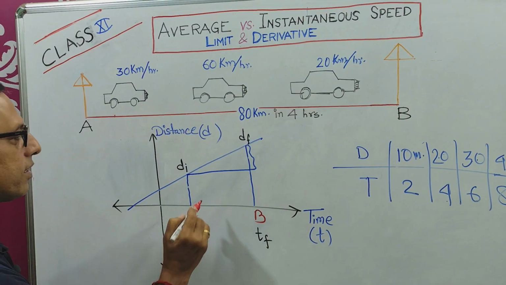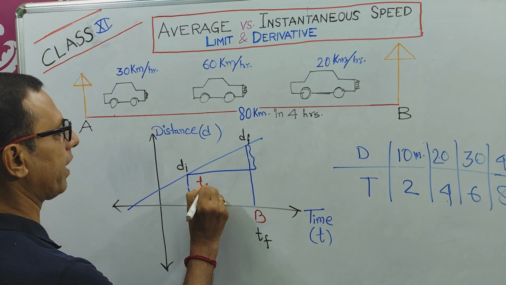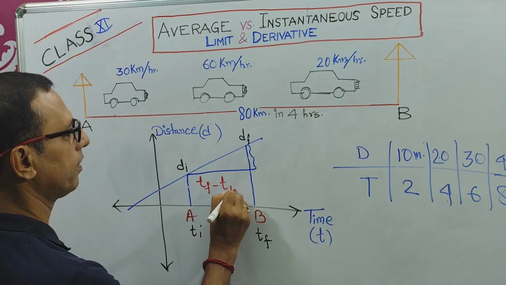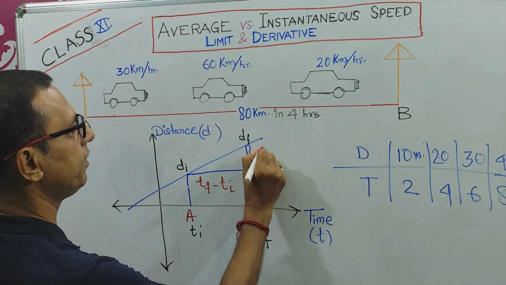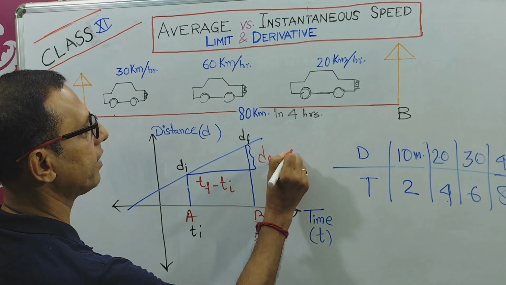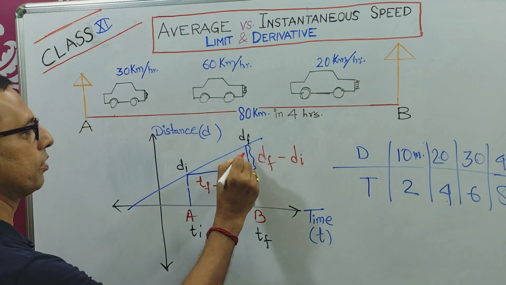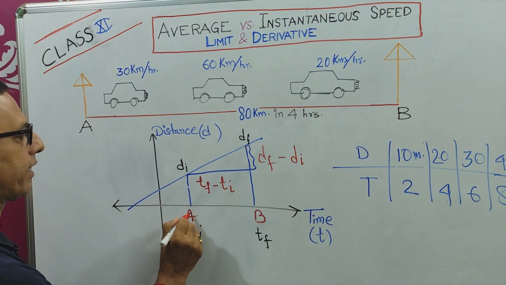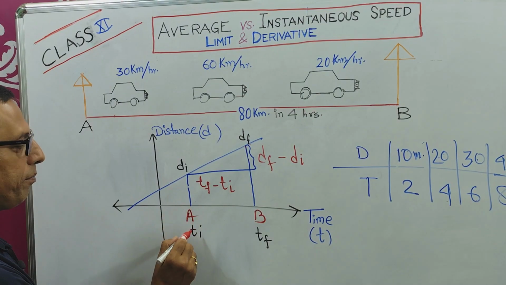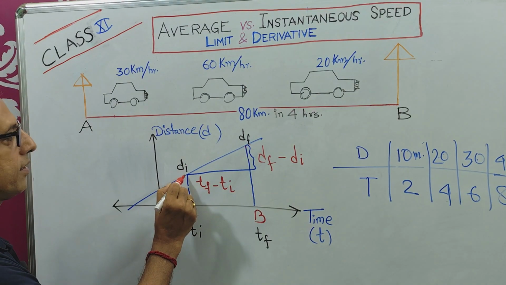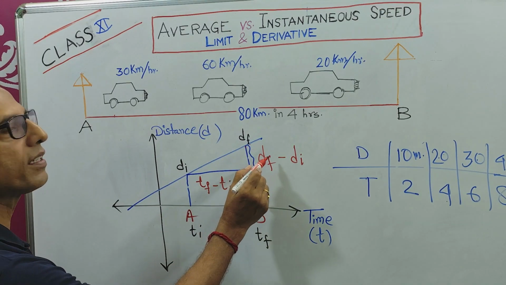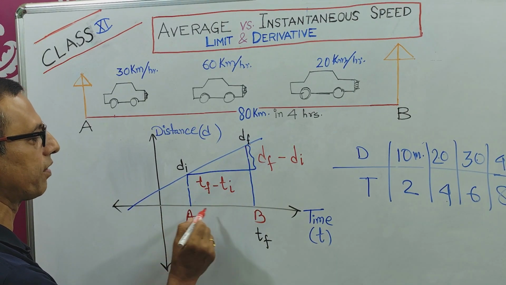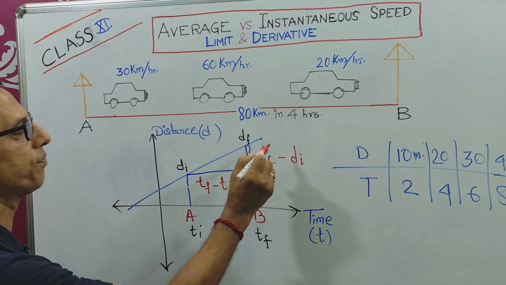This time is actually Tf minus Ti, and this distance is actually Df minus Di. So at time Ti the distance is Di, at time Tf the distance is Df. So what is the distance covered during this interval Tf minus Ti? That is Df minus Di.